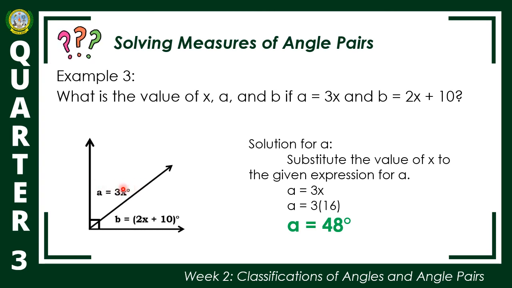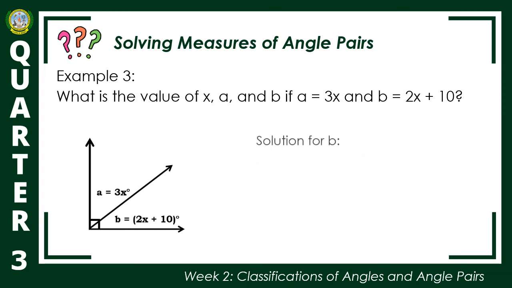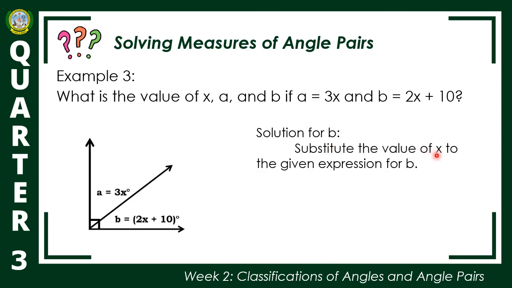Paano naman kaya yung pangalawa? So, ganun din, we are going to solve for b by substituting the value of x to the given expression. Okay? So, ito yung expression po para sa b. Ang gagawin natin is to substitute 16 dito sa x na ito.